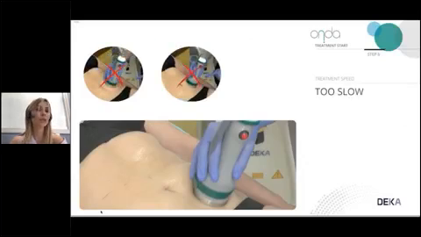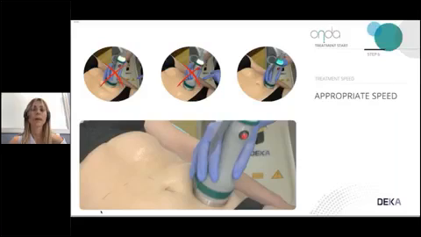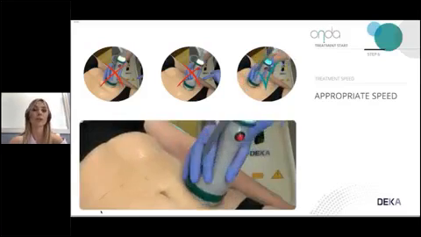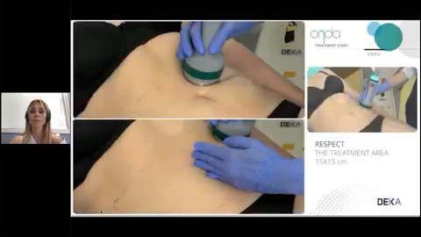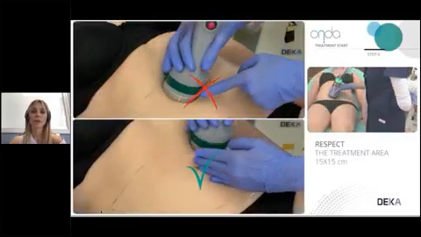It's not necessary to go too slow. So an appropriate speed. Eventually, we can go faster if the patient does not tolerate our treatment. So avoid the belly button.